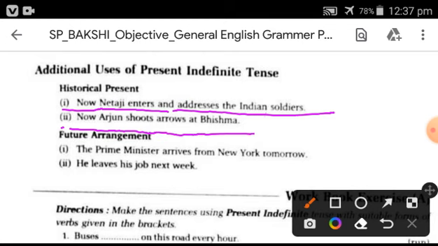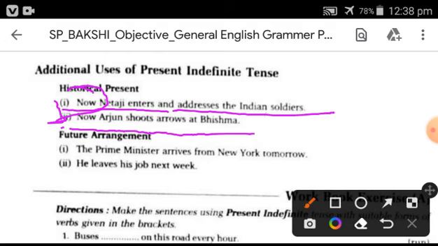Netaji enters and addresses the Indian soldiers is my first sentence, and you can see that "now" is a word used before these sentences. So "now" refers to the present narrative.